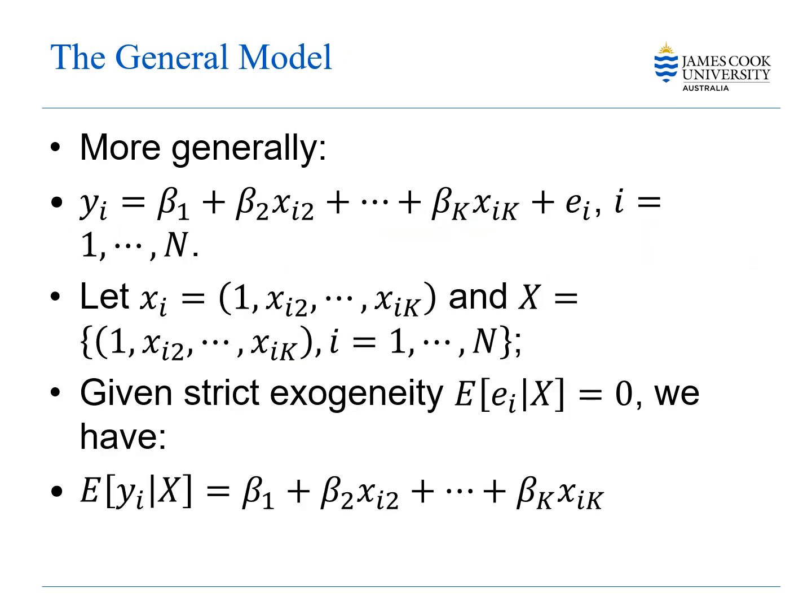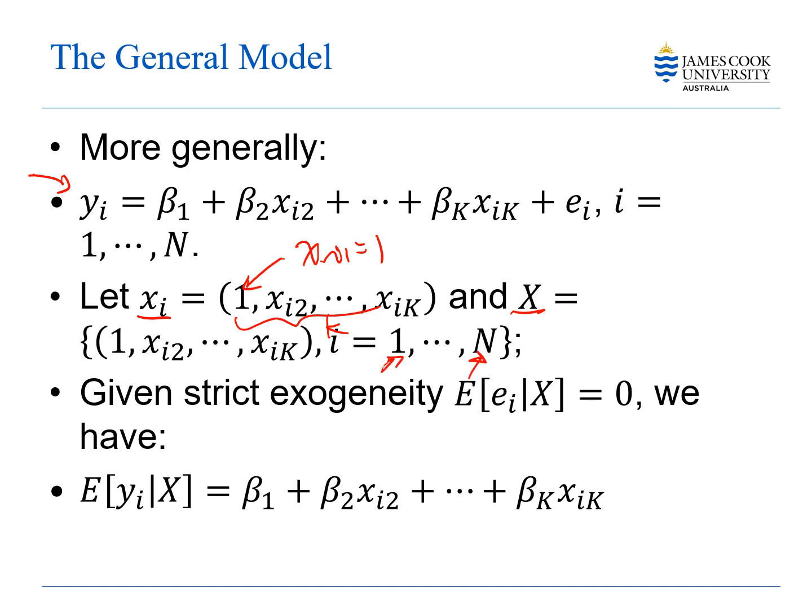Okay, more generally, we have a linear model like this. Yi is equal to beta 1 plus beta 2 xi2 plus until beta k times xik plus error term. Let xi1 be 1, a constant term. Then xi2 until xik, so there are k elements here. And X collects all the data of the right-hand side variables, from observation 1 to observation n.